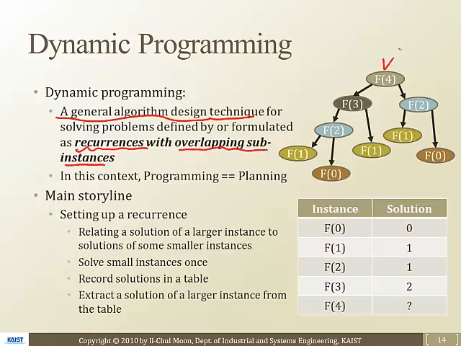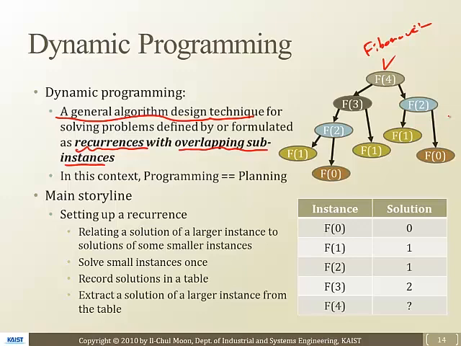It means that to calculate F4, where F means the Fibonacci sequence, we need to know F3 and F2, and to know F3, we need to know F2 and F1. To know F2, we need to know F1 and F0. F1 and F0 are predefined in the problem set, right?